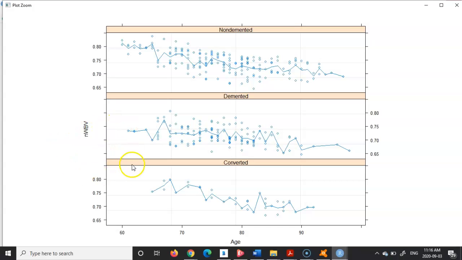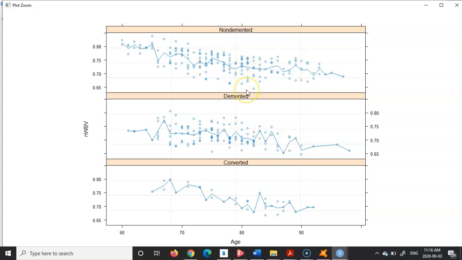You see that for each group, converted, demented, and non-demented, they follow a different pattern. For example, in the converted group, with respect to the demented and non-demented, the variation of the brain size is significantly different when you move from one group to the other.